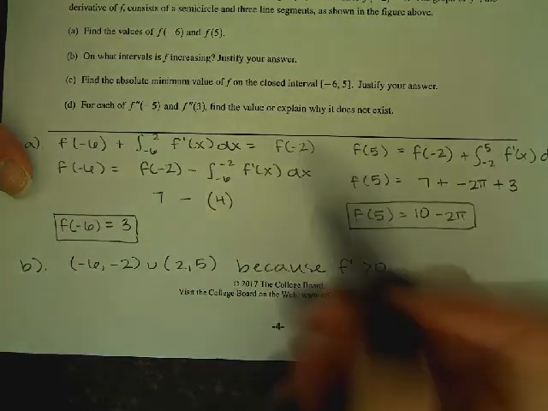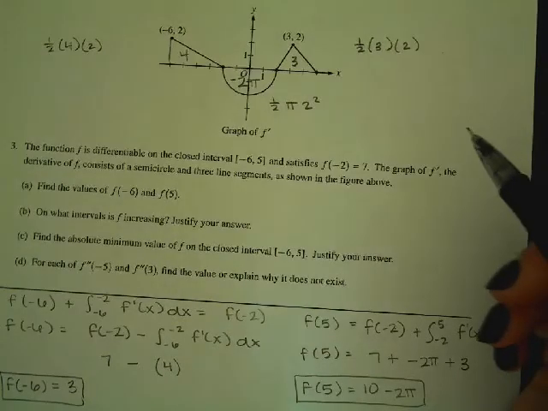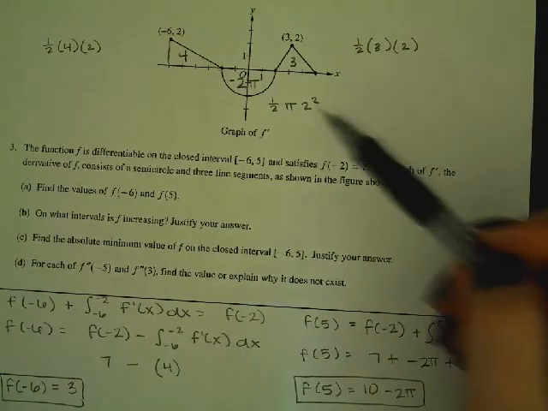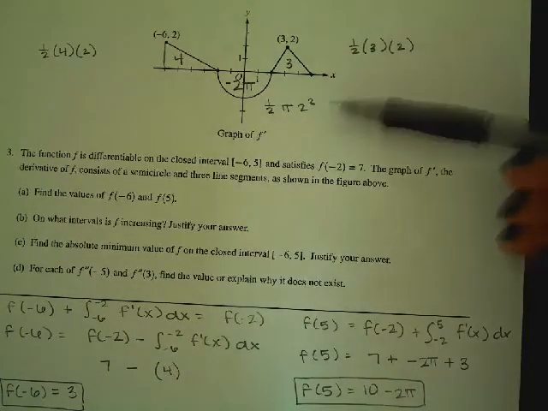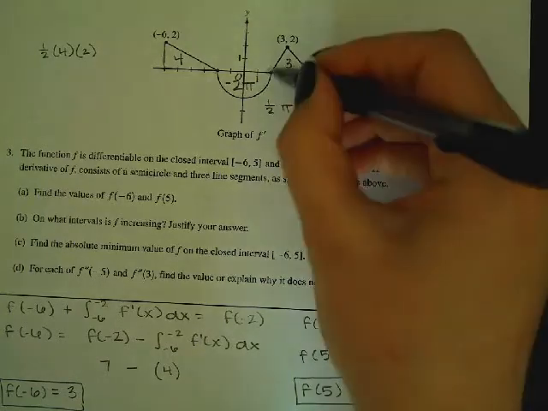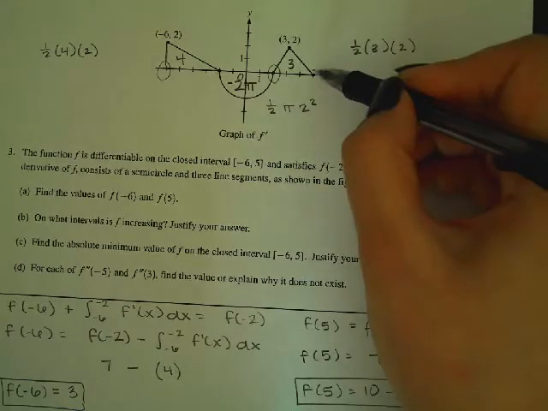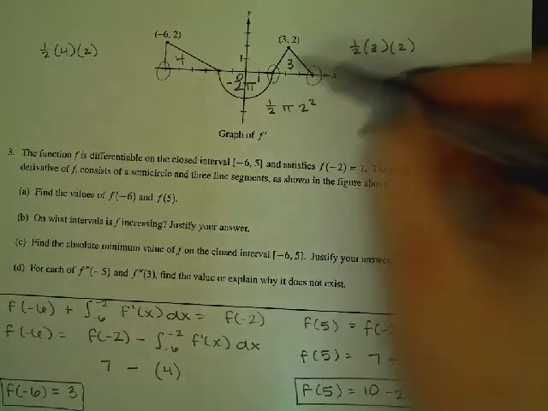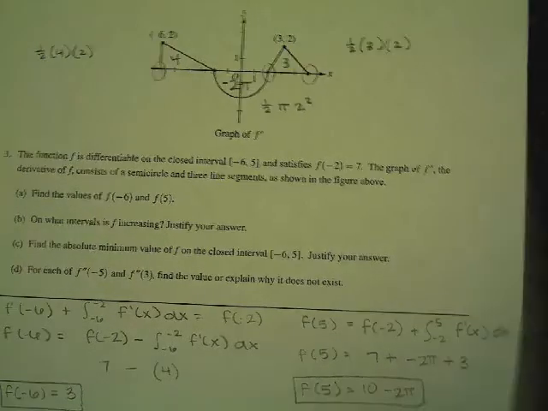For a relative minimum, I'm going to consider where the derivative switches from negative to positive, because that means it switches from decreasing to increasing, which is right here. So I'm going to look at the left end at -6, the right end at 5, and then I'm also going to look at 2 because that is where the graph switches from decreasing to increasing.